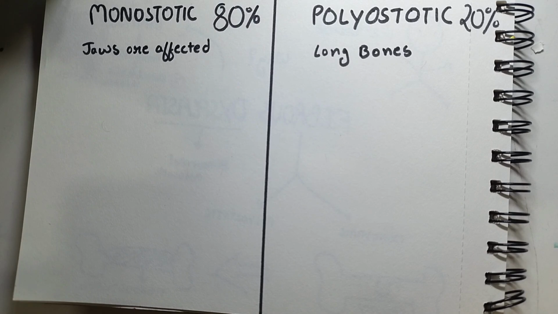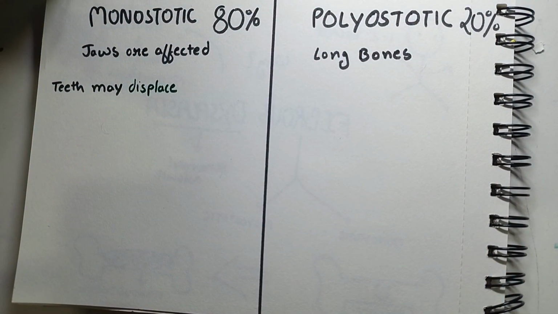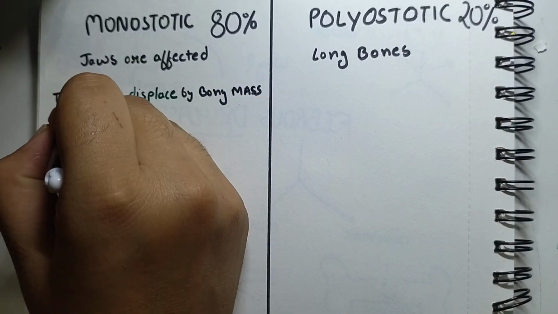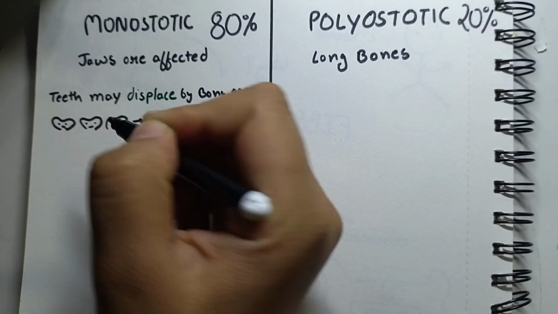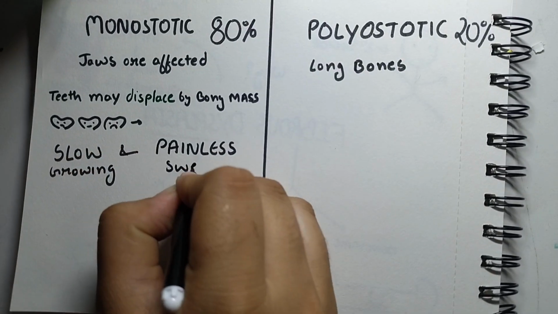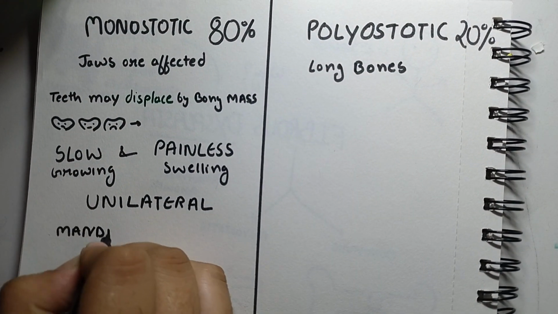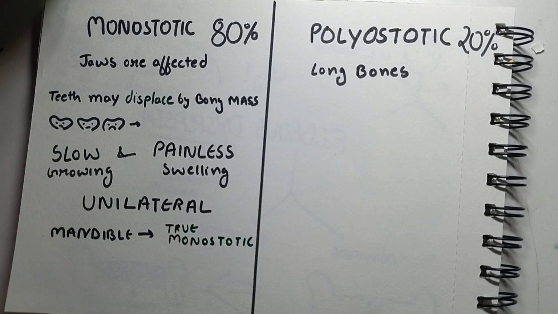We have so many long bones compared to jaws. The bony mass displaces the teeth, and it is a slow growing, painless swelling, asymptomatic, and it is unilateral, occurs only on one side.